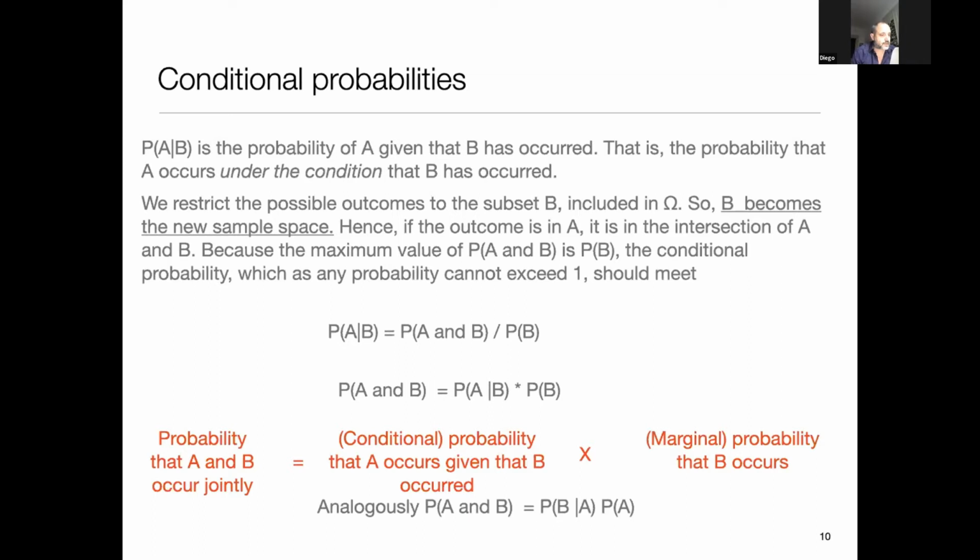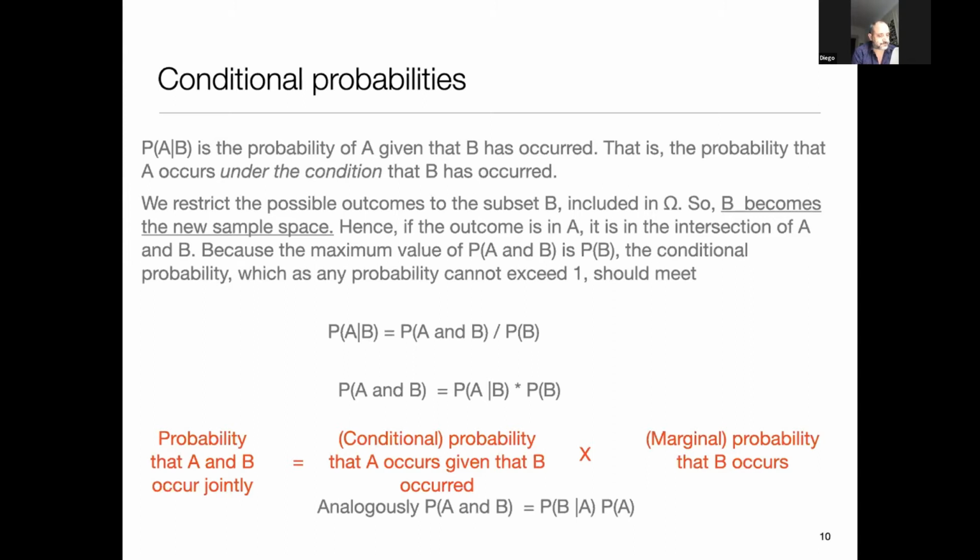So if the outcome is in A, then the outcome is in the intersection between A and B, because B is my total sample space.